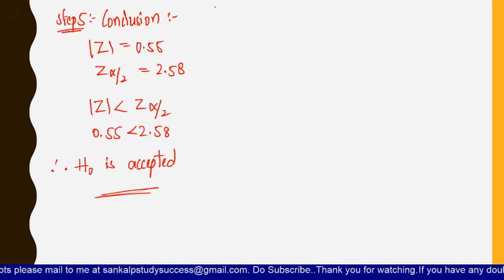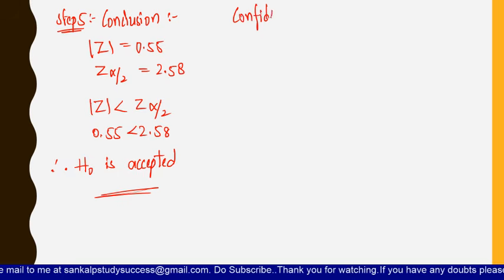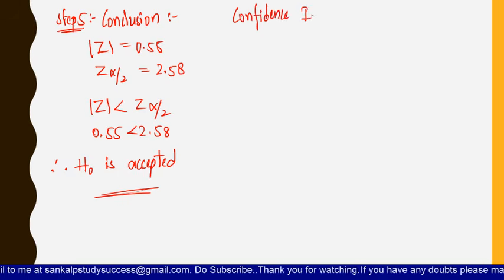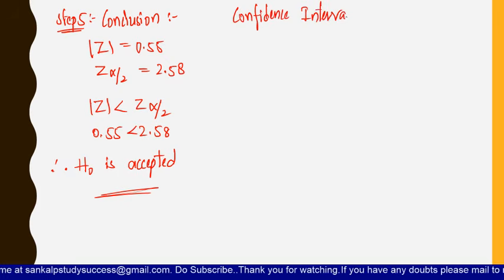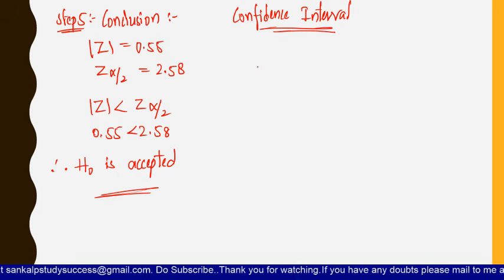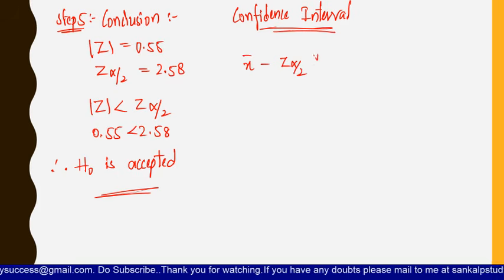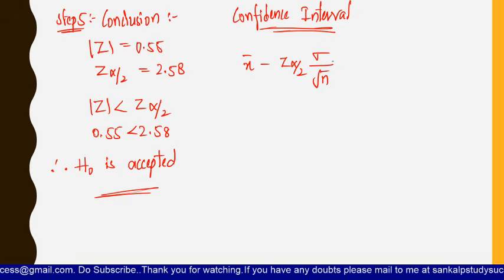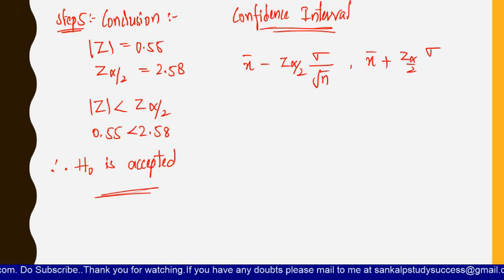So we have to construct the confidence interval also. What is a confidence interval actually? The formula of the confidence interval goes like this: x bar minus z alpha by 2 sigma by root n, comma, x bar plus z alpha by 2 sigma by root n.